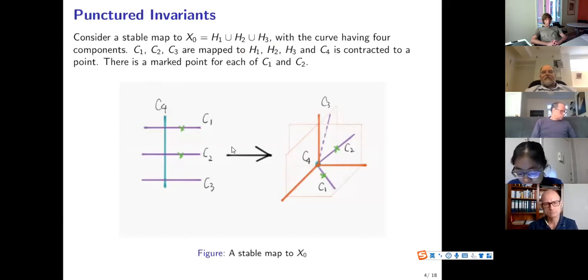The map contracts one of the components to the center over here, and the other three are mapped generically to the three different components of the central fiber, and we add two marked points on two of the curves.